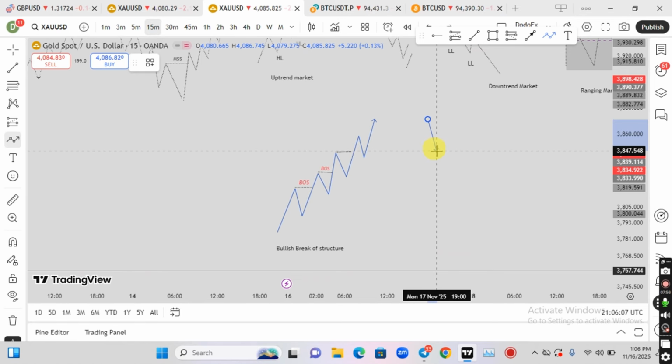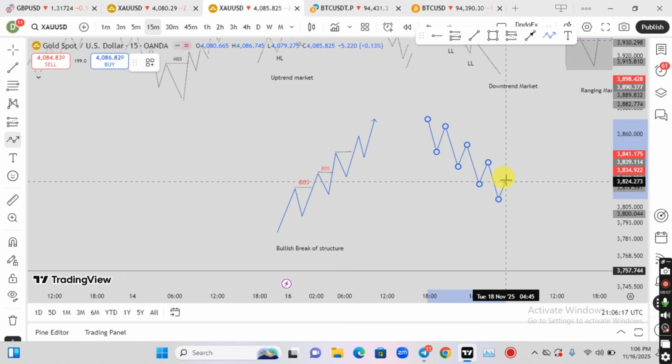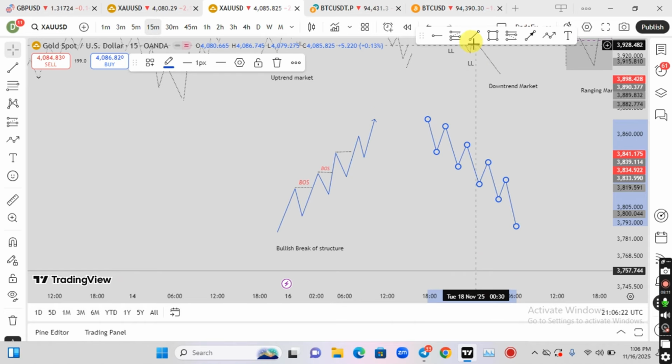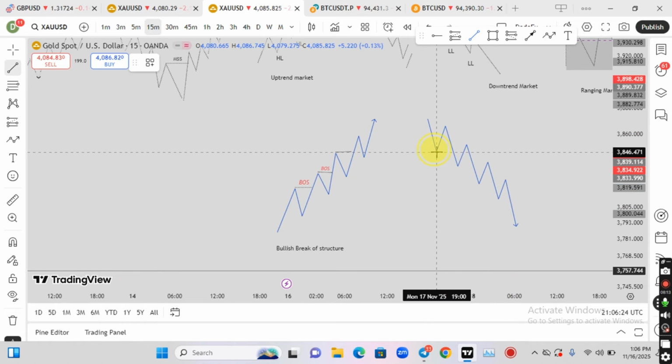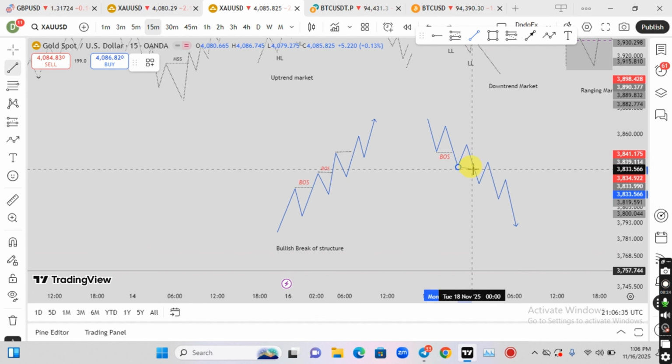Bearish break of structure is when price moves like this, creating a lower high, lower low, lower high, lower low, lower high, lower low, lower high, lower low. So when price is creating structures like this, I'm creating zones here, creating break of structure here, to the downside.